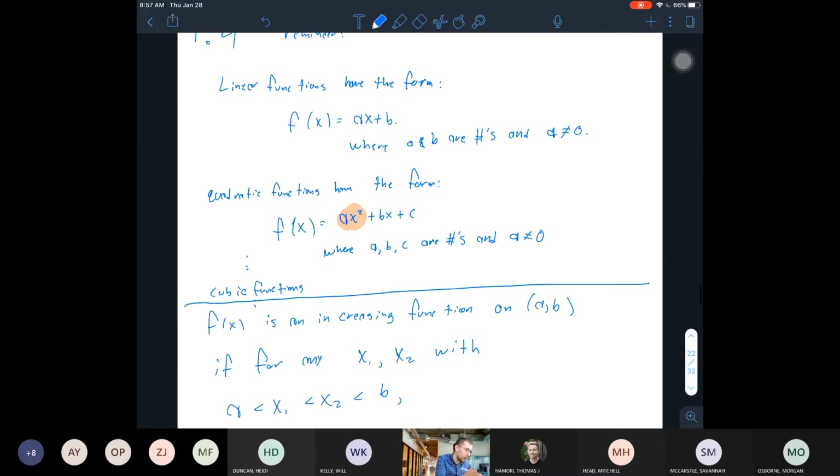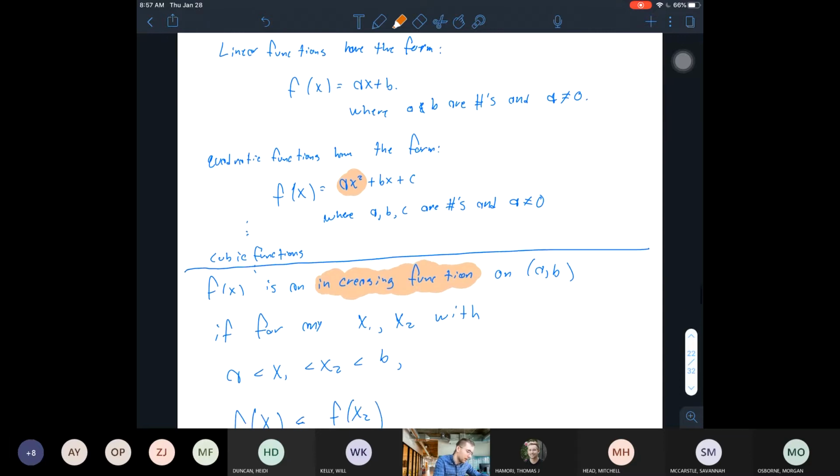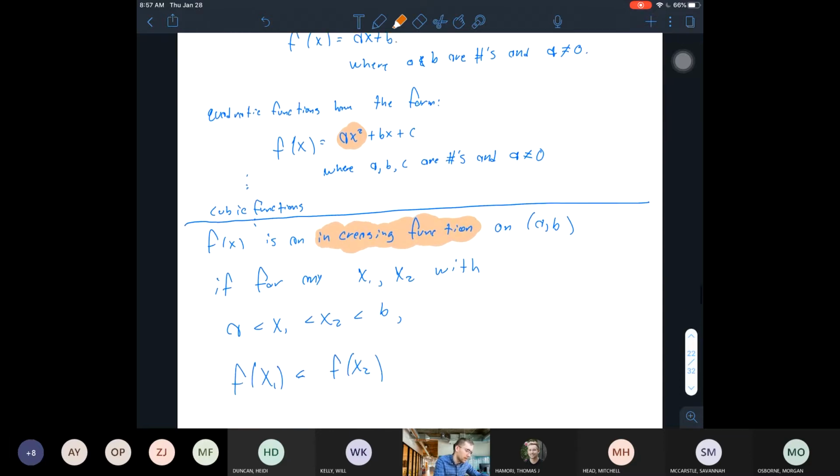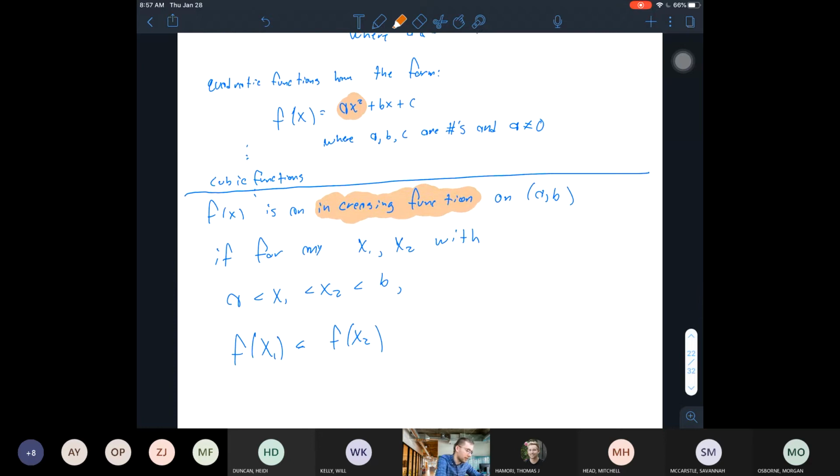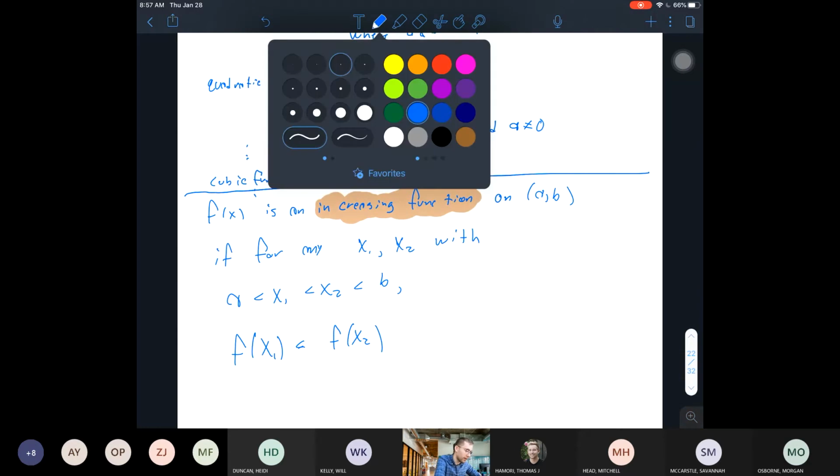So now let's talk about what it means for something to be an increasing function. We want to talk about what it means for f of x to be an increasing function. Well, we can think of things that increase. For example, a lot of you might be well aware of what's going on with the stock market right now.